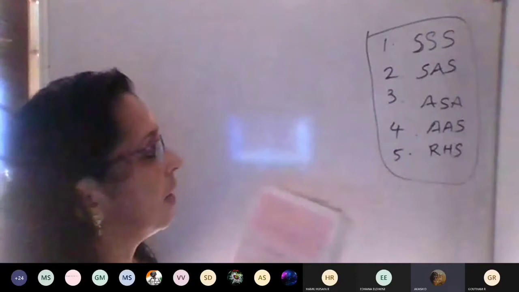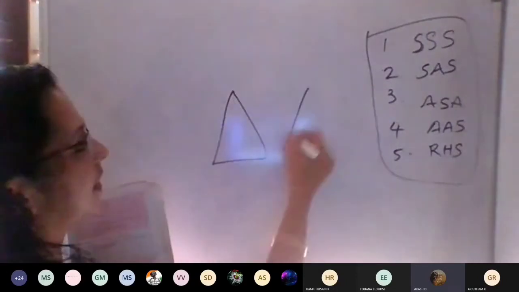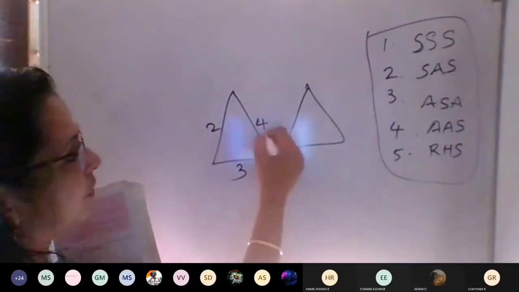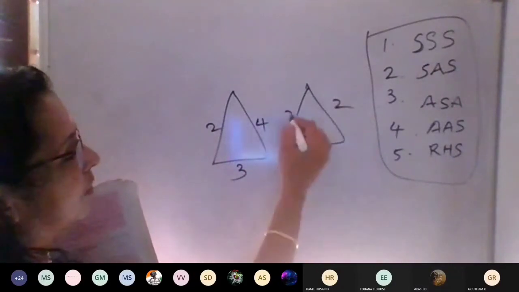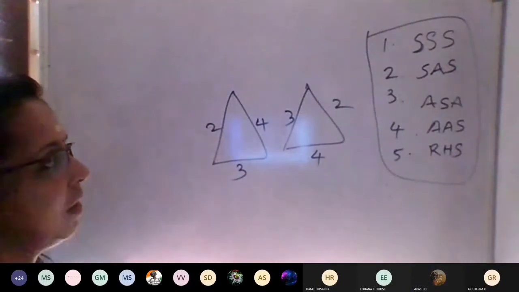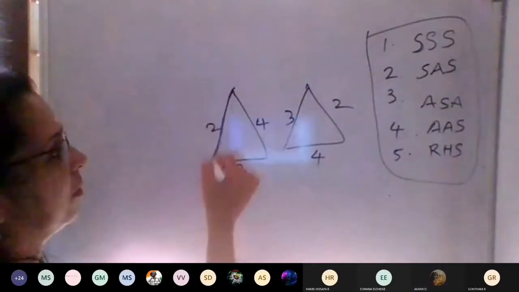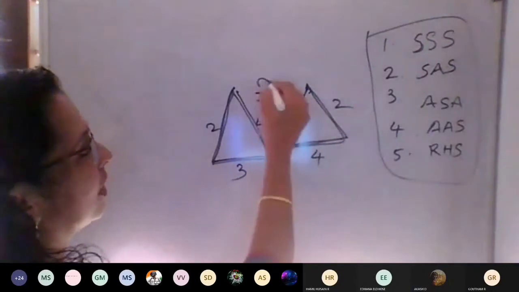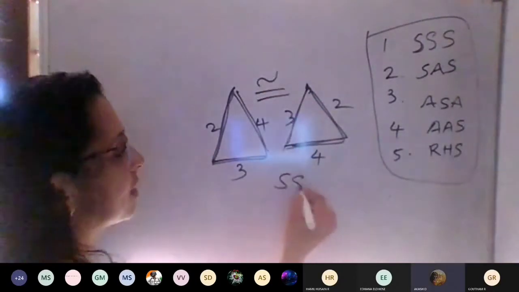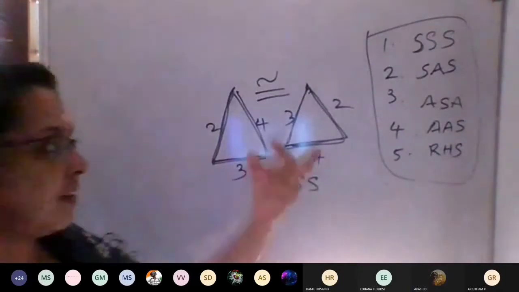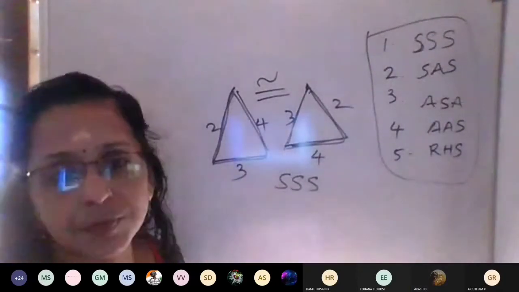Suppose this is 2, this is 3, this is 4, and the other is 2, 4, 3. Can we say these are congruent triangles? Yes, because the sides are 2, 3, 4 in both. So using SSS, we can say these two triangles are congruent.